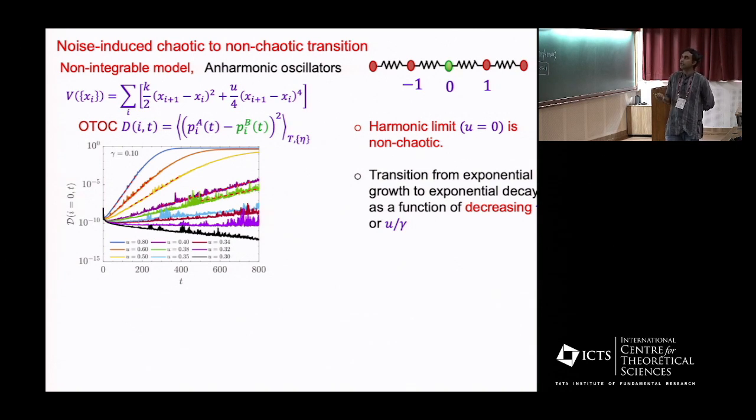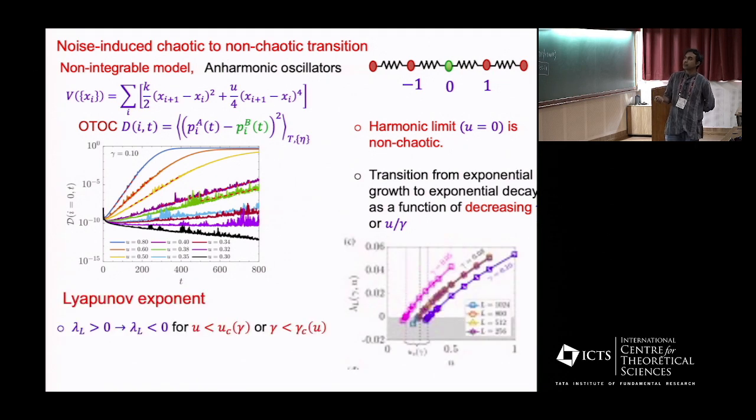If you have low interaction, this OTOC decays with time, so basically it has a negative Lyapunov exponent. If you go on increasing u, you start getting a positive Lyapunov exponent. So there is a transition between positive and negative Lyapunov exponent at a critical value of u, or in other words, if you fix u, you can get a transition at a critical value of the noise strength.